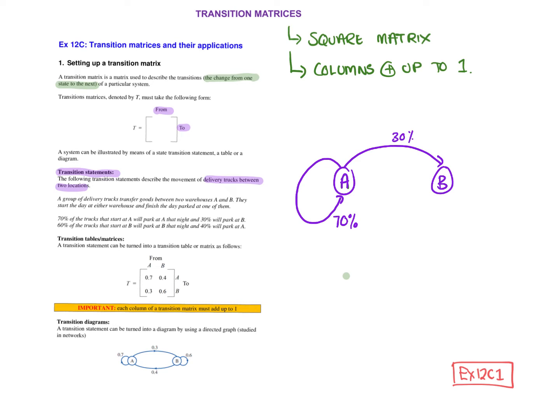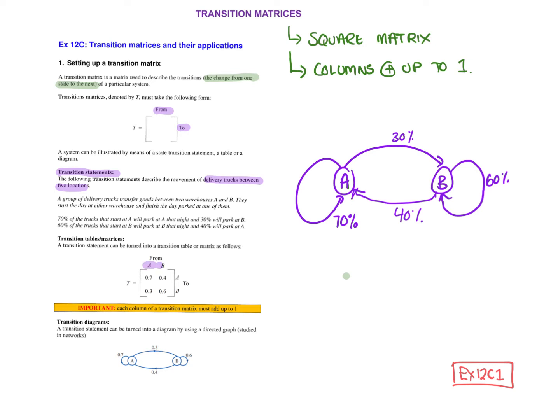And then they give you the next piece of information. They say 60% of the trucks that park at B will return to B. So we're saying 60% there. And then some of the ones that start at B will end at A. So that's 40%. So we can set this up as a matrix, which you can see that they've done here.